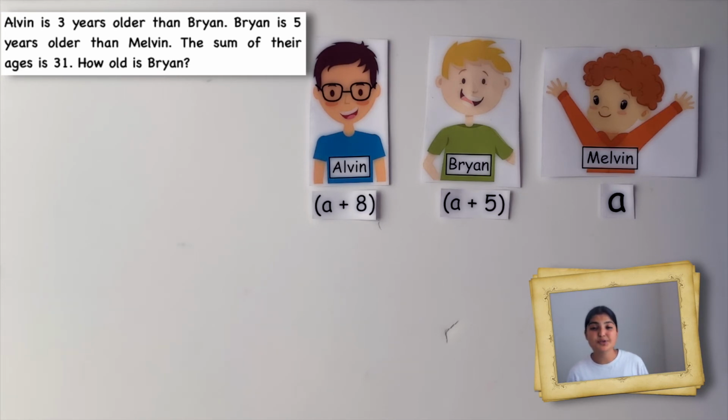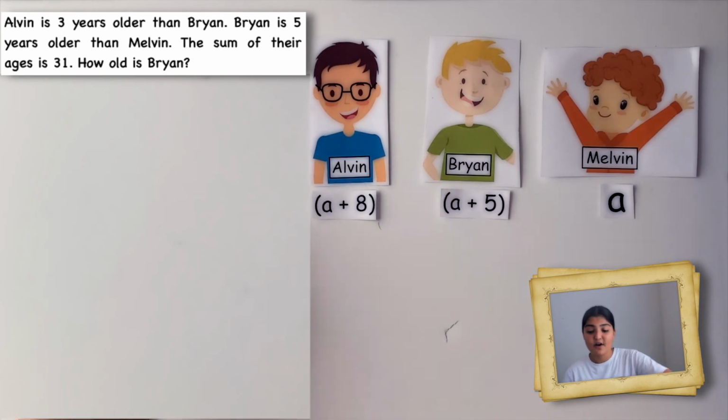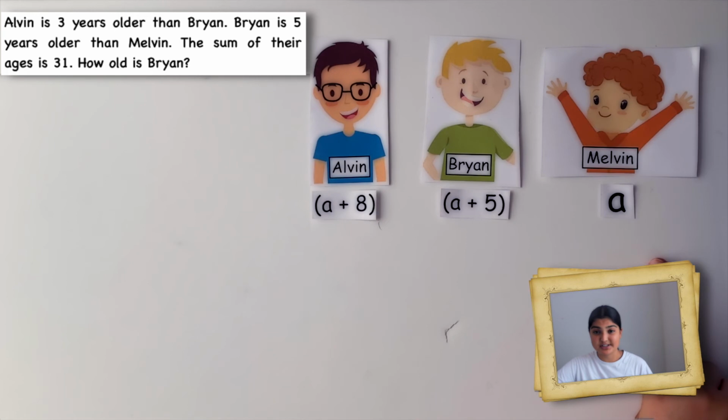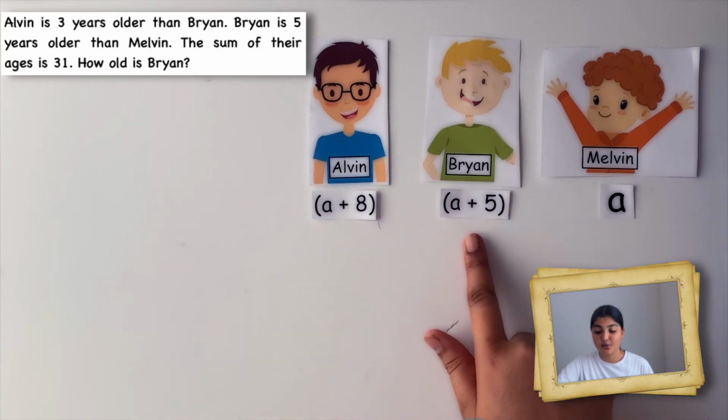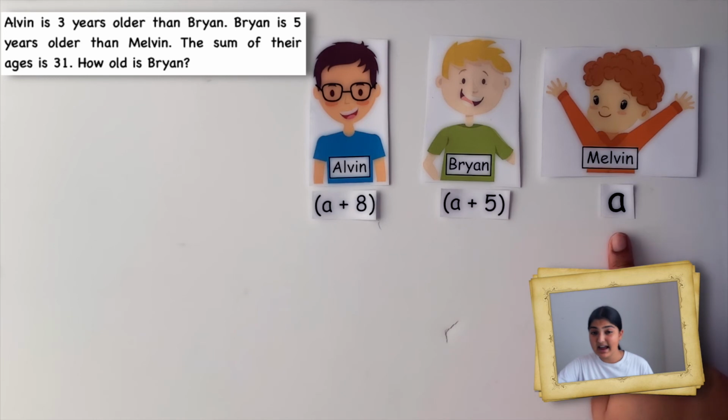But how should we set up our equation? The problem tells us that the sum of all three ages is 31. So, to set up our equation, we can add Alvin's age, Bryan's age, and Melvin's age to equal 31.